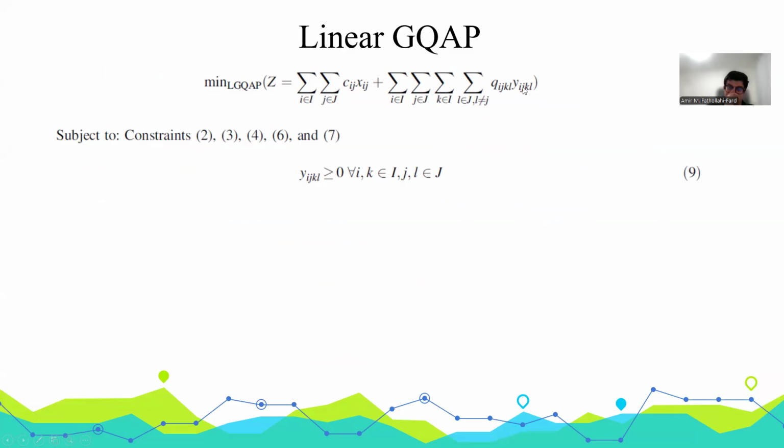However, instead of multiplication of two variables, we have one new variable, which is non-binary, and we consider the constraints from the generalized quadratic assignment problem, and the new constraints 6 and 7. These new constraints are introduced to provide a link between this new variable and the multiplication of xij and xkl.